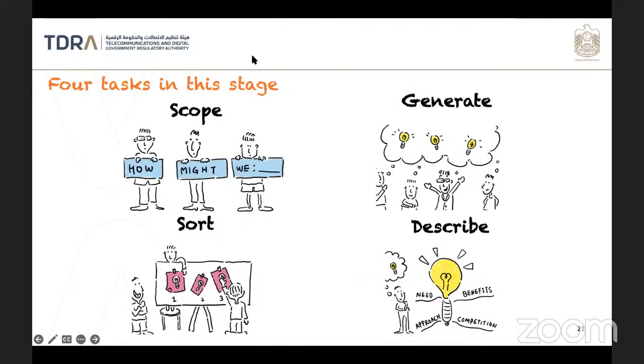We go by defining the scope. The scope is usually something like how we might solve this problem for this category or this profile of customers. How can we solve the problem of traffic fines in the UAE for people who own cars?